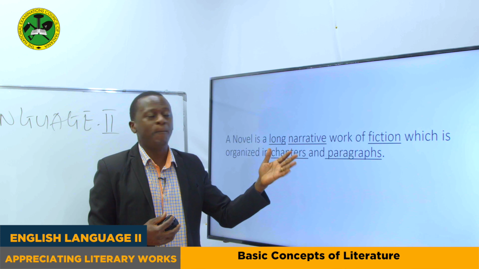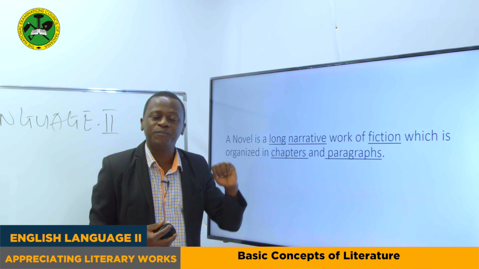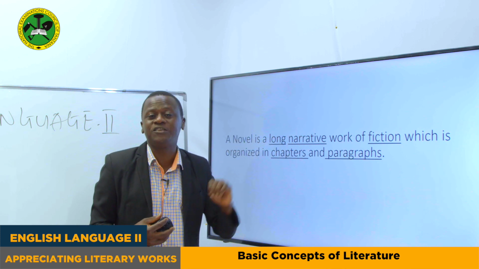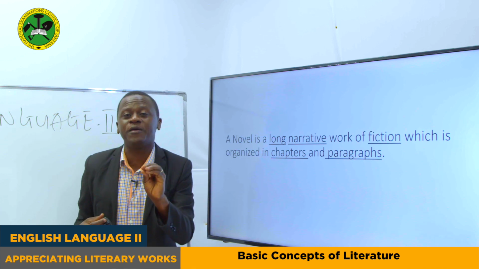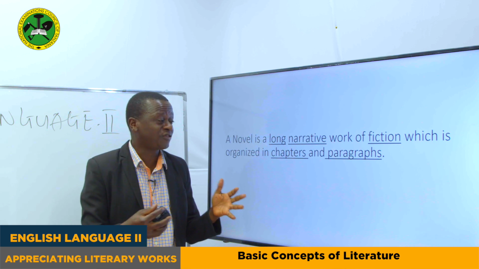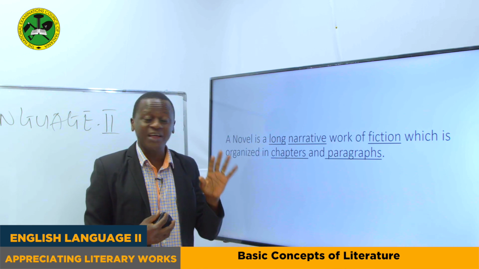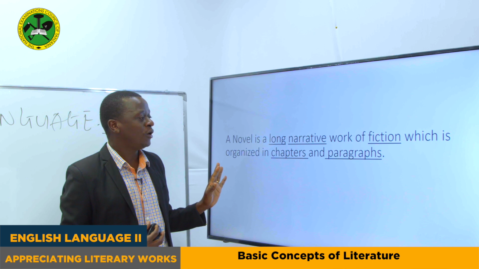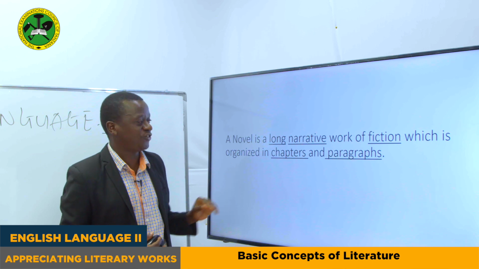And of course, being a work of art or fiction, it reflects the social realities. It reflects what is happening on the ground, what is happening in the society. Now, having said that, let us go into depth of this question.